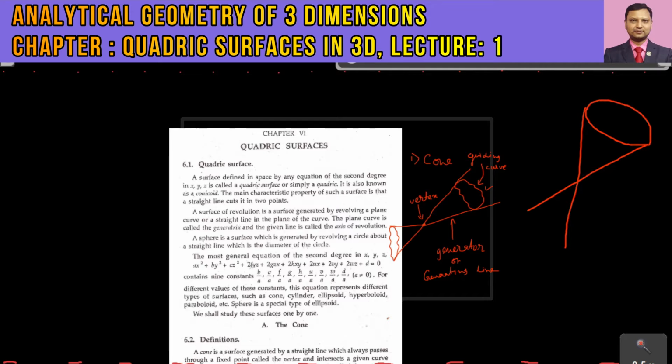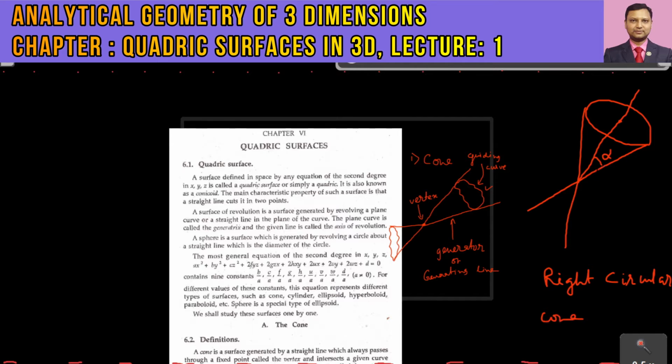Over here, through the center of this circle we can draw a straight line like this, and this angle, let us call it alpha. This angle would always be a constant quantity, and this kind of cone is actually called a right circular cone.